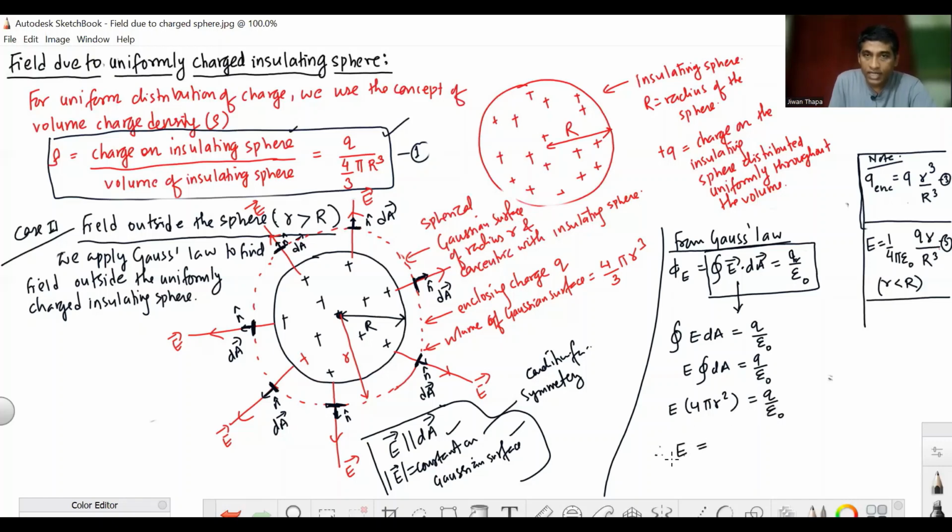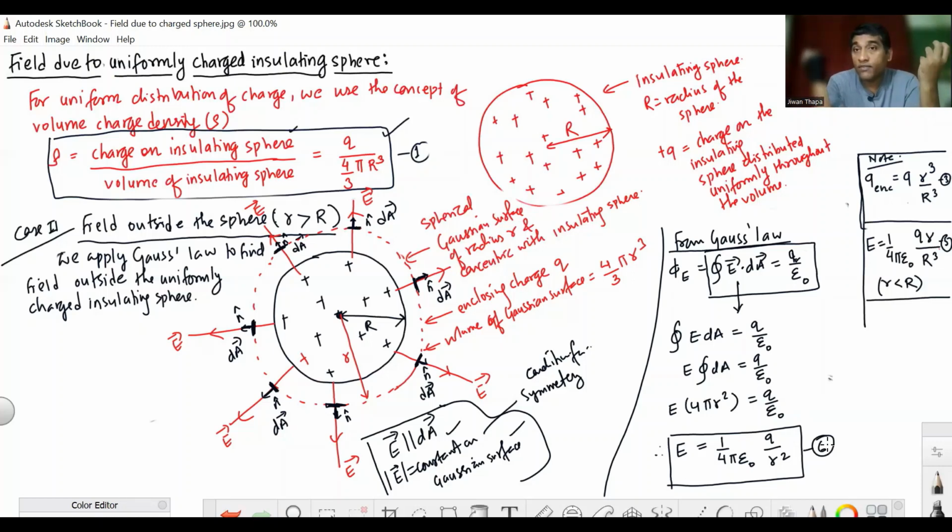Therefore, we can write the electric field outside the insulating sphere equals 1 by 4 pi epsilon naught Q by r square. This is equation 6. For a spherically symmetric charged body, the electric field outside the body is the same as if the whole charge is concentrated at its center. This is to be noted.